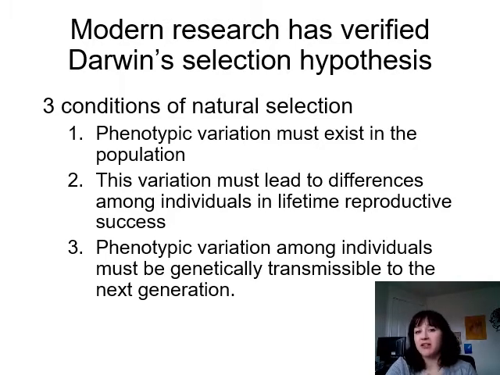So that ability to play the guitar or that beak size has to have a genetic foundation, right? There has to be a gene or set of genes responsible for that trait that can actually be passed down in egg and sperm. So if we all just learn to play really well, that doesn't get passed down. But maybe people that had an innate musical ability, those genes would get passed down.